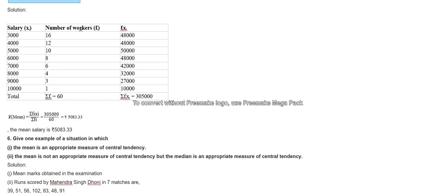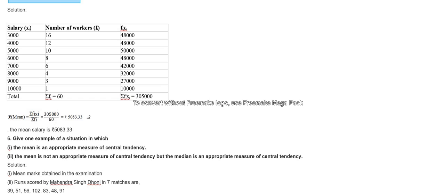Okay, now what we have to do? We have to sum this frequency column. Then we have to find out the sigma fixi. So these two totals we have already found. Now, what is the mean for this ungrouped data? When we have this ungrouped data, how can we find the mean? By sigma fixi divided by sigma fi.